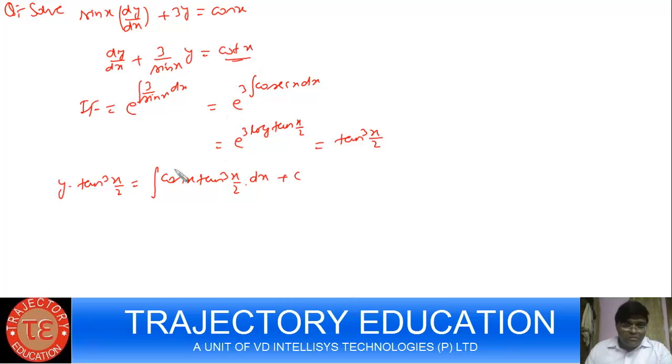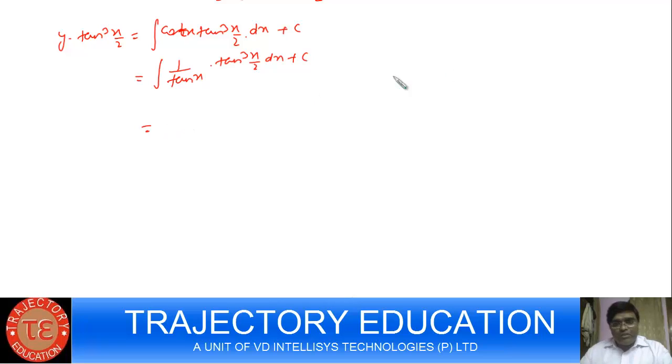Here the right side will be cot x, which can be integrated as 1/tan x times tan cube (x/2) plus c.